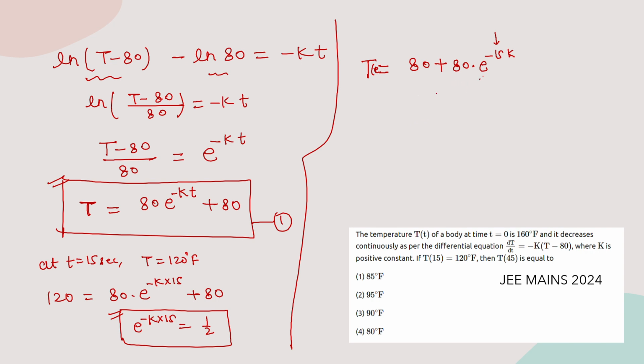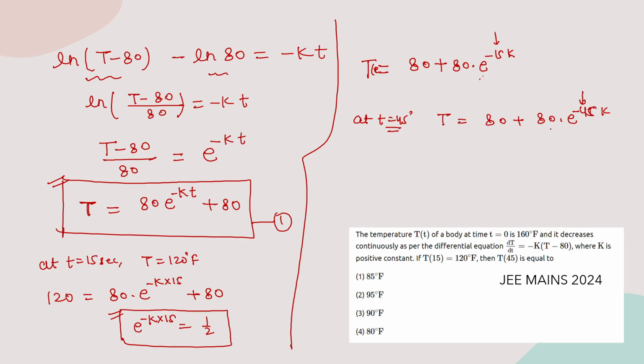So what I'm saying is, if you want to find the temperature at t equal to 45, we can directly put this as T is equal to 80 plus 80 into e to the power minus 45k. It will be like this.